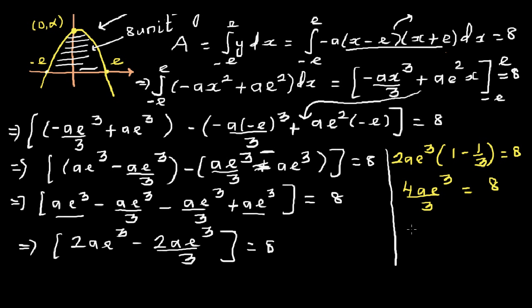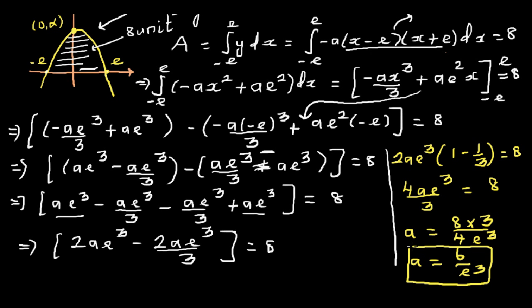Now making a the subject, cross multiplying, a is 8 times 3 divided by 4e cubed. 24 divided by 4 is 6, so a is 6 over e cubed. The value of a is 6 over e cubed.